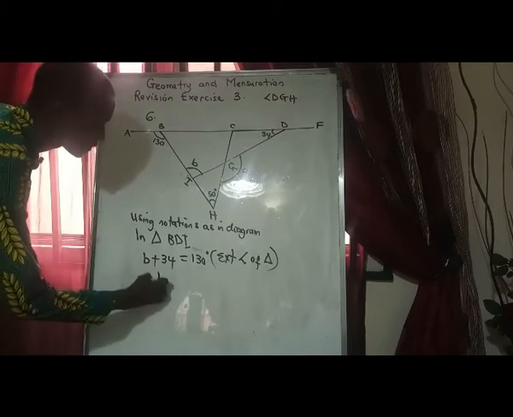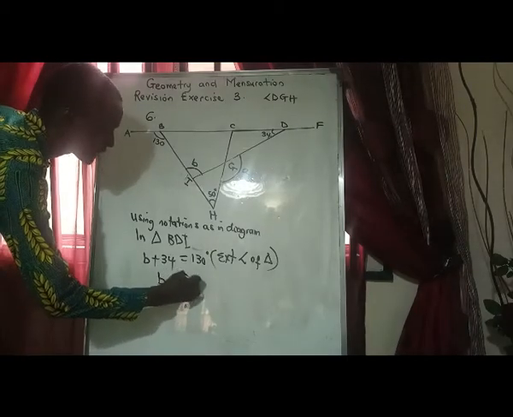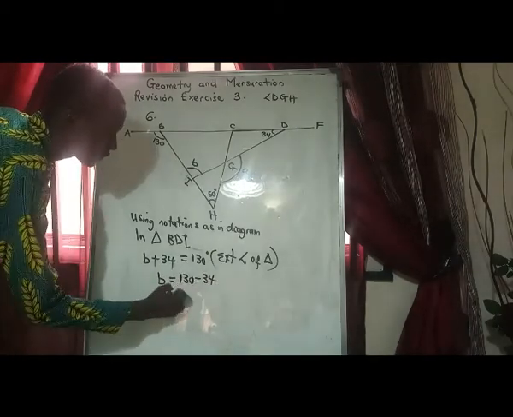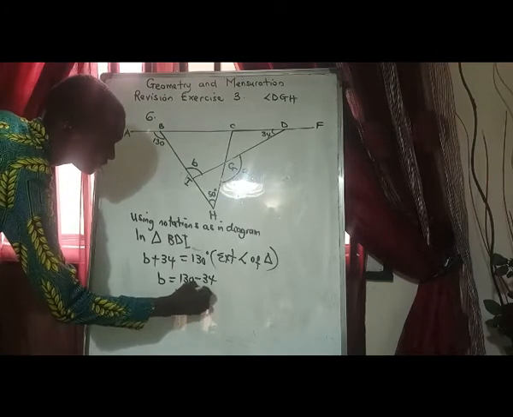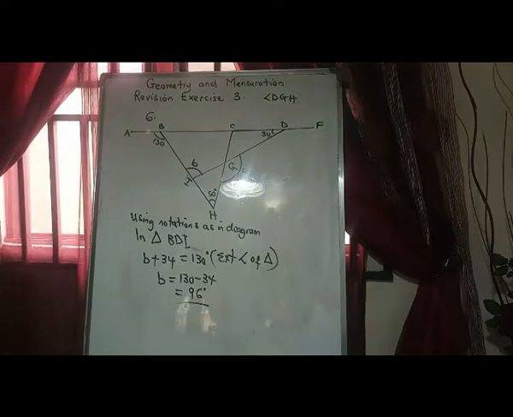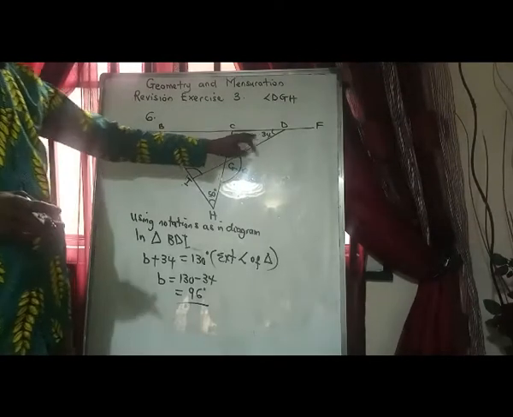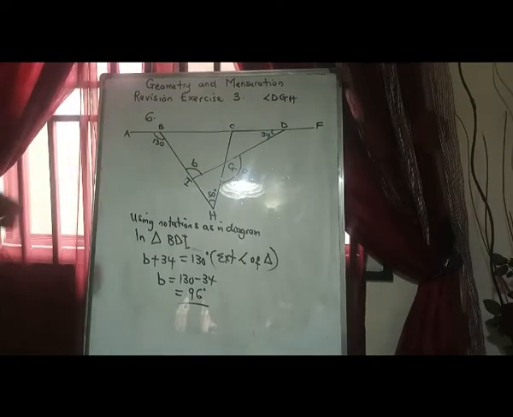So I can easily obtain that B will be equal to 130 minus 34, which should be 96 degrees if I have my maths in order. So these two will add up to give me this.